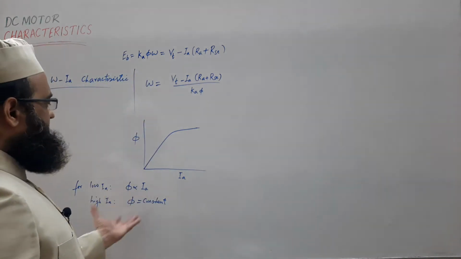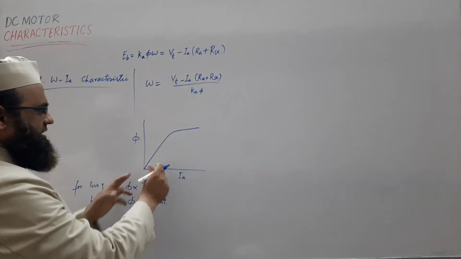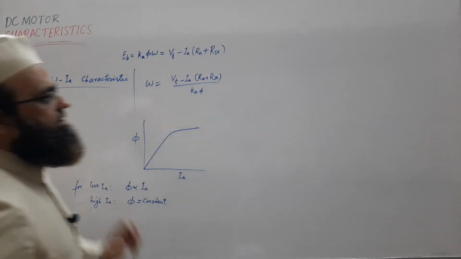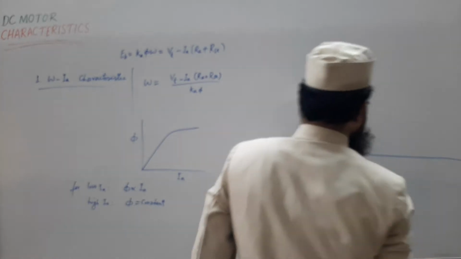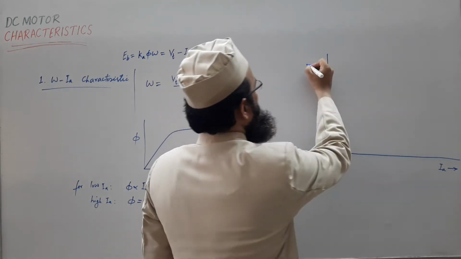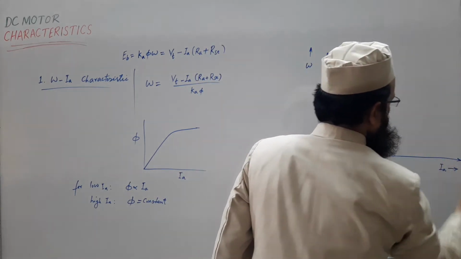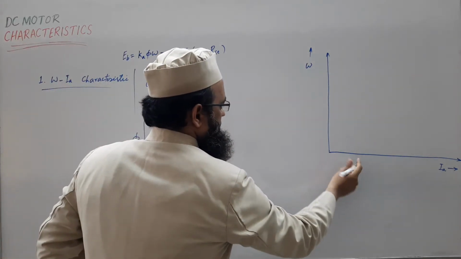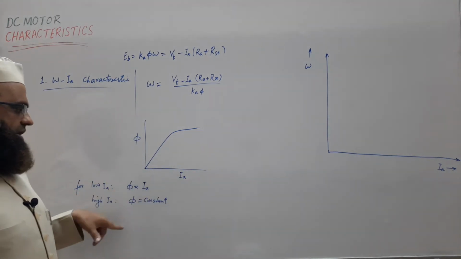So we will incorporate these effects in our equation. As we are going to plot omega against Ia, let us have the two axes. Let us take Ia here and omega along the y axis. We will plot for lower values of Ia and then for higher values of Ia, because the relation of phi with Ia is different.